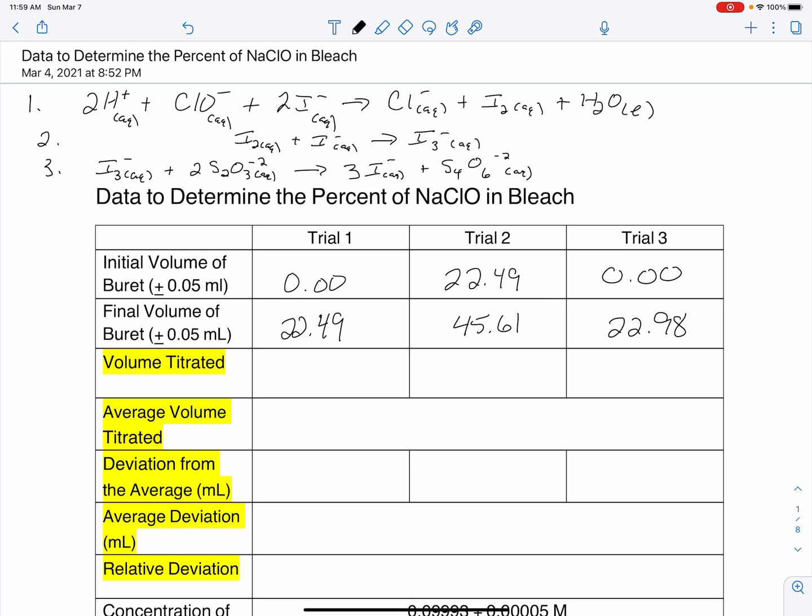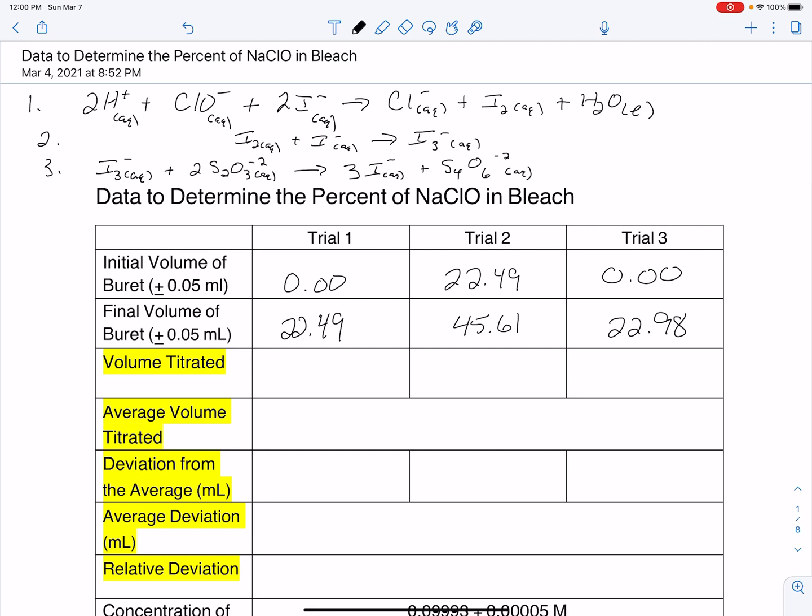You'll see the first reaction was the reaction that occurred in the volumetric flask. We took the 25 milliliters of the bleach solution. That was the diluted bleach solution, that's the ClO⁻. To it, we added the 2 grams of potassium iodide, that's the I⁻. And then to that, we added 2 milliliters of hydrochloric acid, so that acidifies the solution.